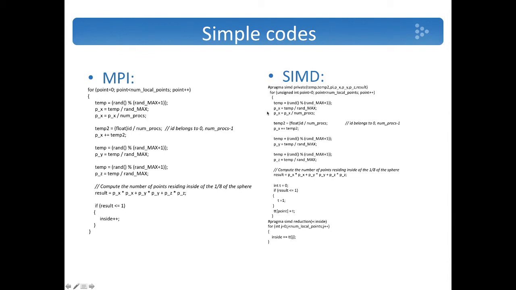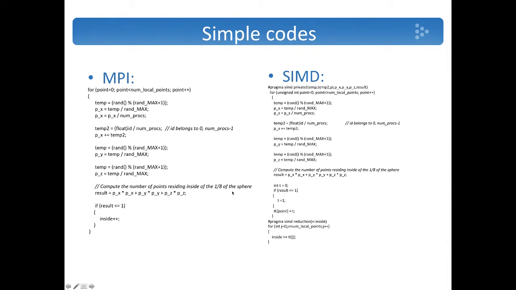But you can't just put the pragma simd before the for loop on the left, because we have some variables that add themselves. So we cannot let all the SIMD units read and write the same register. We have the RISC problem.